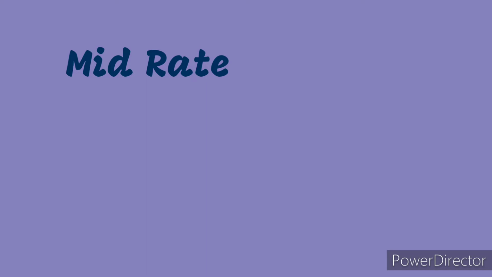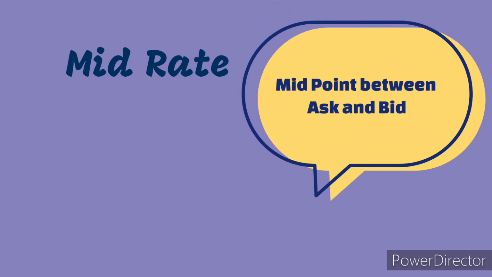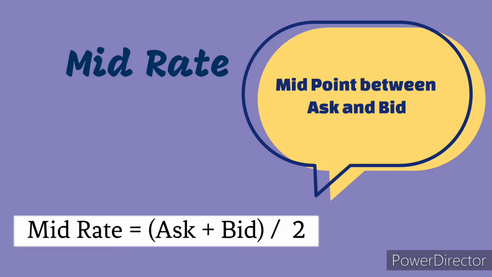When you find the midpoint between bid and ask, that particular point is called mid rate. As I said, mid rate is also called average rate. So it is simply the average of ask and bid. So when you add ask plus bid and divide by 2, you will get mid rate.